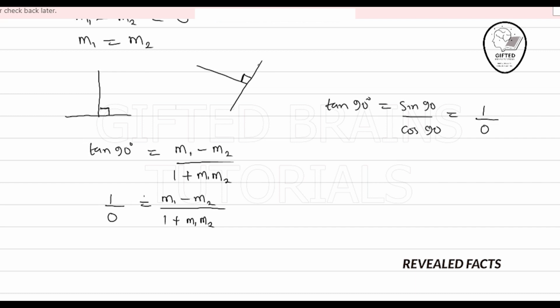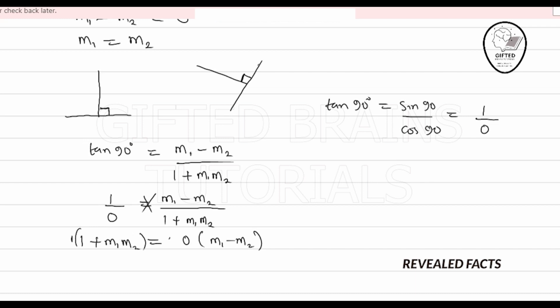If you cross multiply this now, at the end of the day you will have 1 plus m1 m2 multiplied by 1 is equal to 0 multiplied by m1 minus m2.